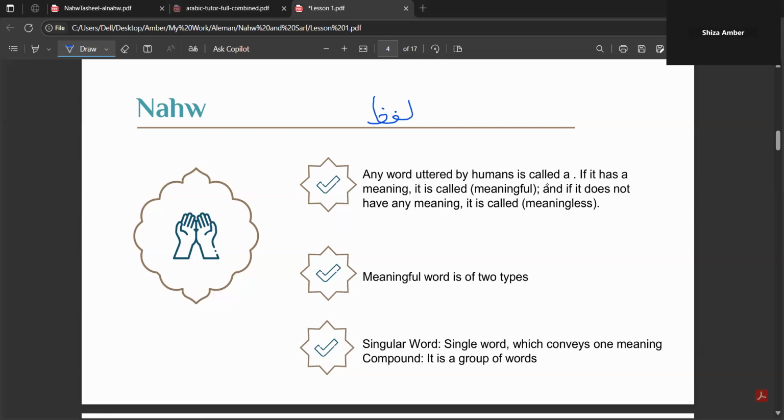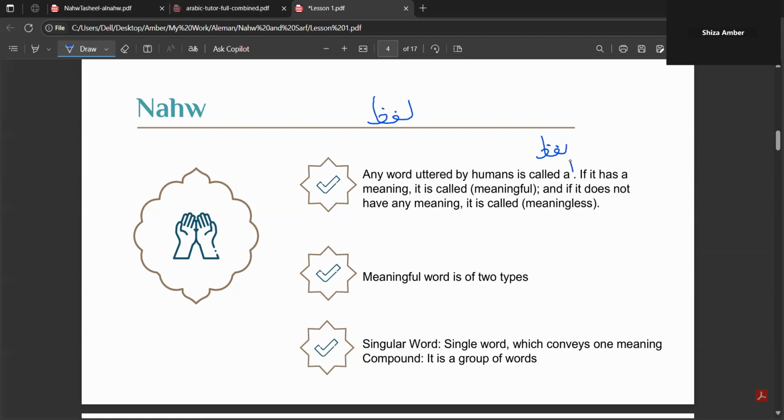It's an Arabic word as well as an Urdu word. By lafz, I mean any word that is uttered by a human, any word uttered from our mouth. It's known as lafz.